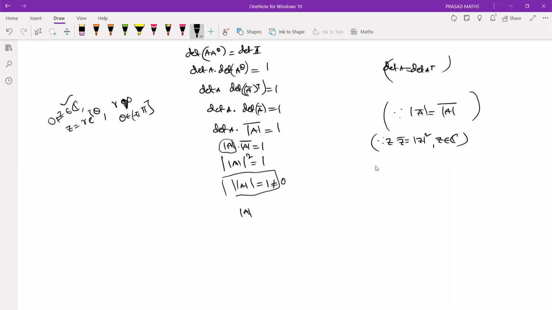Here r, the radius vector, is 1, so it is 1 into e power i theta for some theta. Therefore, det of A, whenever A is a unitary matrix, is e power i theta. This is a very powerful technique.